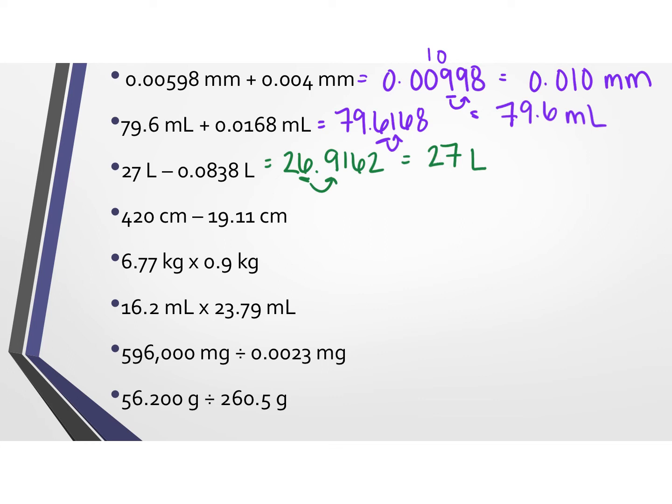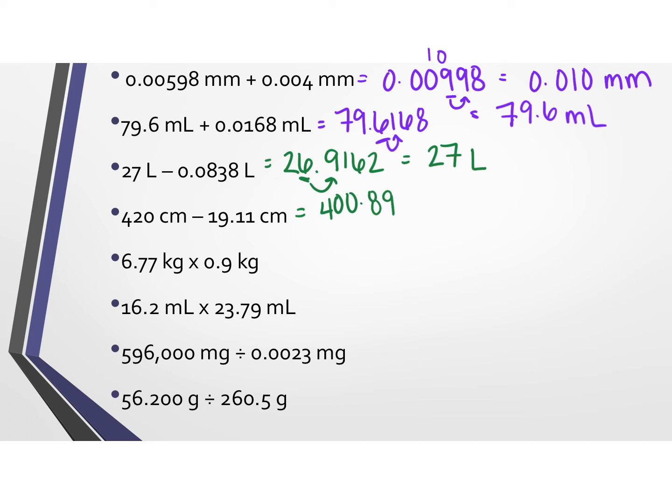420 centimeters minus 19.11 centimeters. 400.89. Do y'all agree with that? Okay. Are we counting sig figs or decimal places?